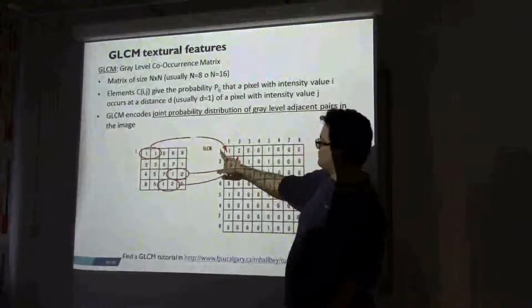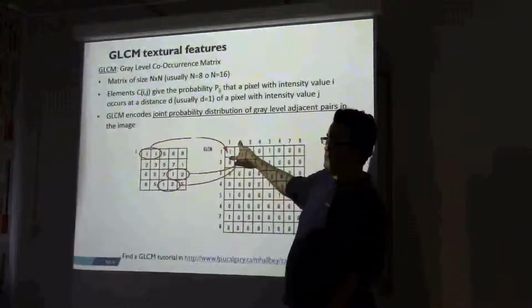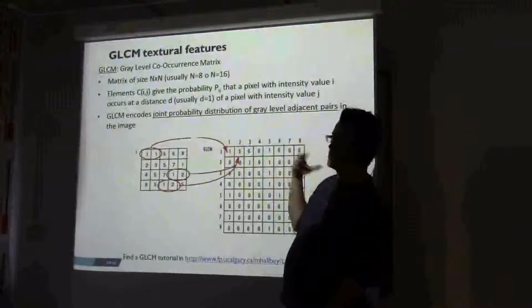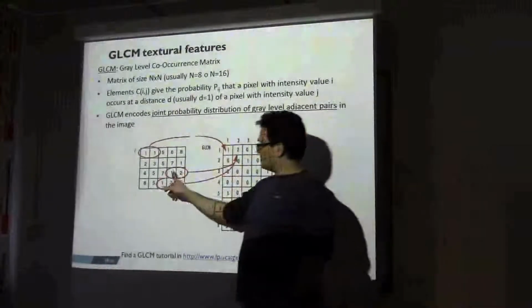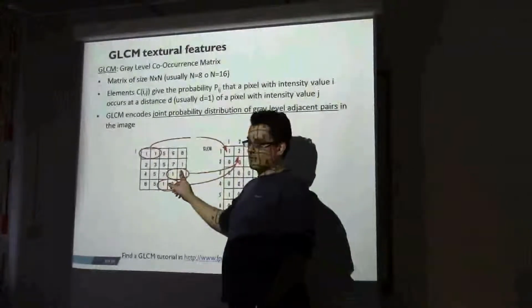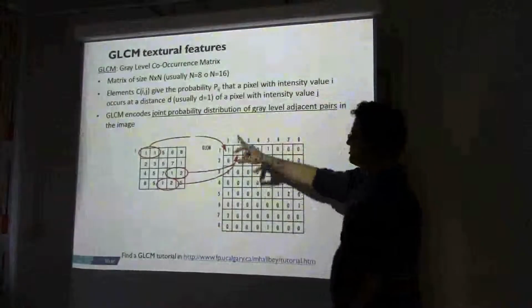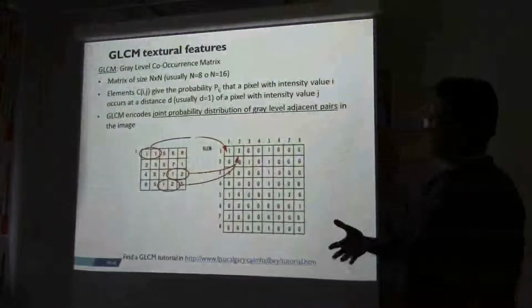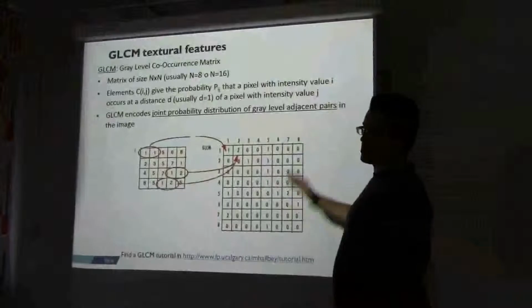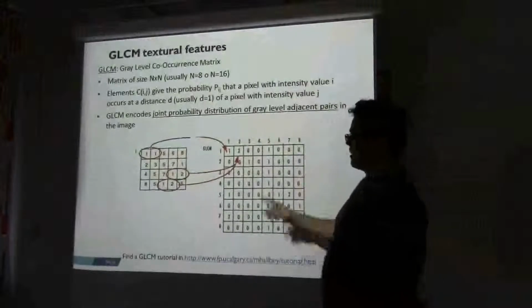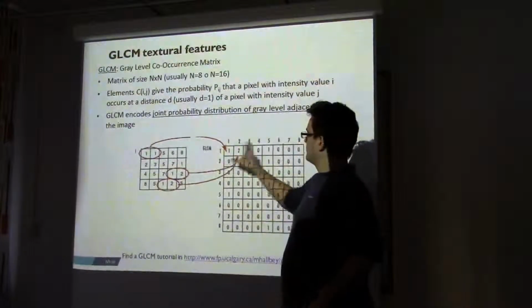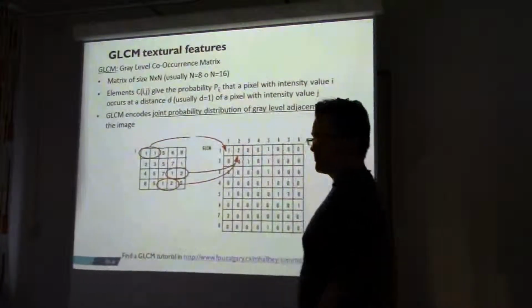So you increase 1 in position 1, 2 of the matrix. So this is encoding the joint probability of gray values between neighbors in your image. So you repeat this for your whole image, for your whole region of interest, and you get a matrix of probabilities of having joint pixels with these different combinations of gray values.